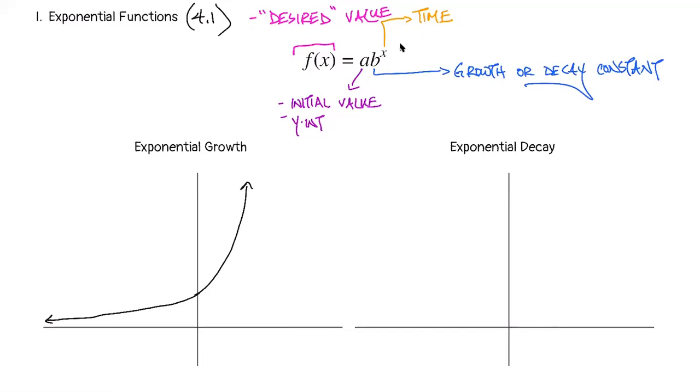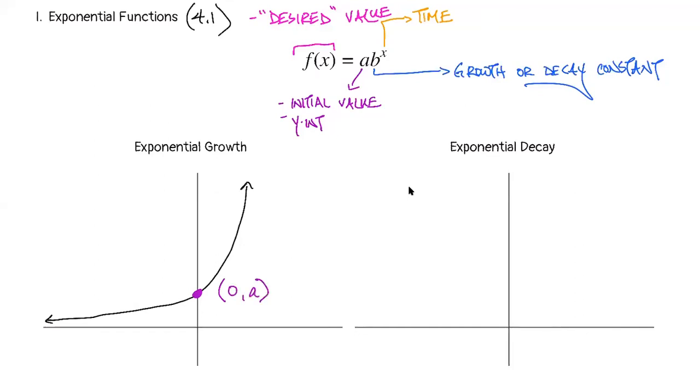But let's label a few things here. This point right here corresponds to which letter in the equation? Yes, it corresponds to a. But I want us to be more specific. We want to be mathematically accurate here. We don't want to call this a. We want to refer to it as 0, comma, a.